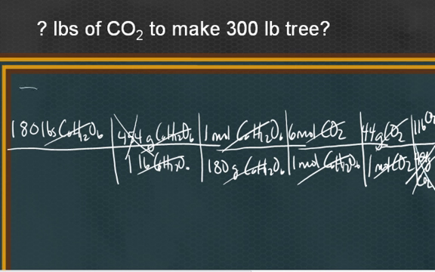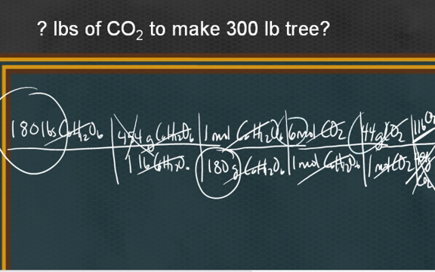So it's going to be 180, and the units I'm ended up with is pounds of CO2, by the way, which is what we want. Okay, so 180, and then coincidentally, it's 180 grams per mole for that. So the 180 and the 180 are going to cancel, just coincidentally. And then it's 6 times 44, and that is 1 pound. So those are the only numbers we have to do.